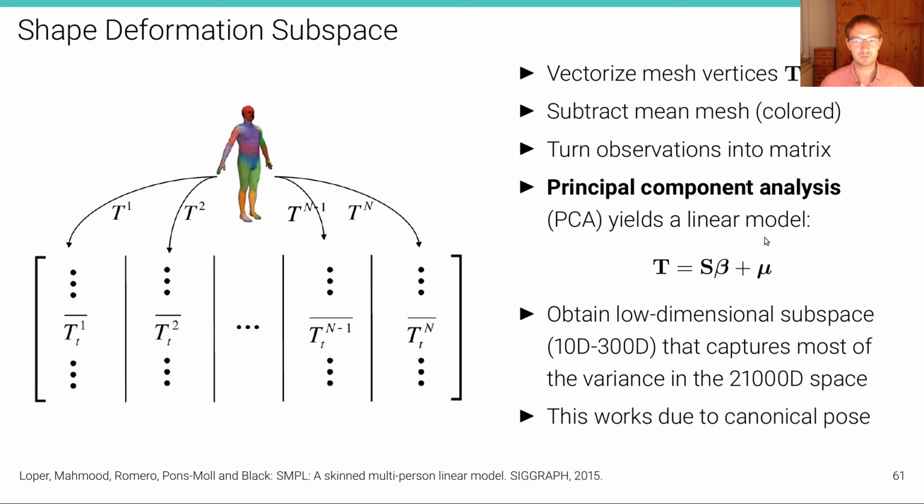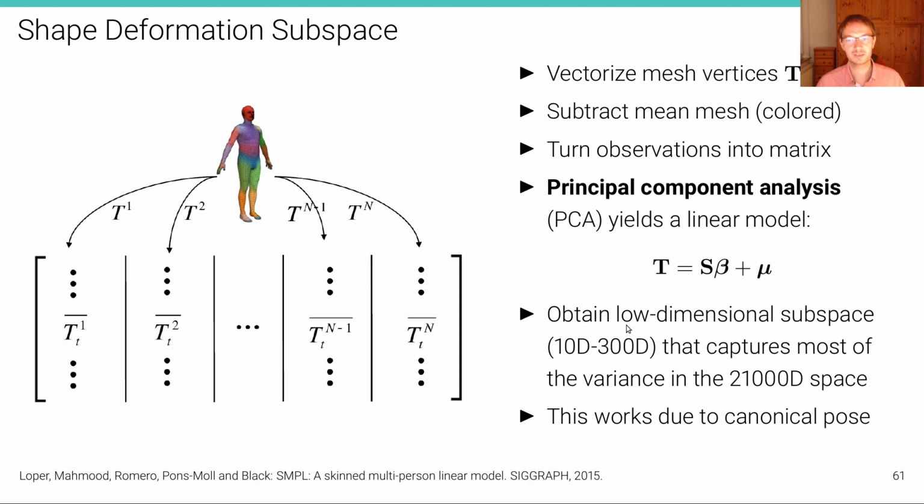Then we can decompose that matrix such that these observations are linear combinations of some basis shapes, and these are called the blend shapes, that are combined linearly with these weights beta here. And these weights beta now are very low dimensional compared to this original 21,000 dimensional representation.